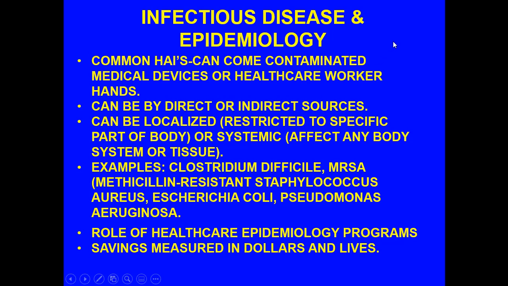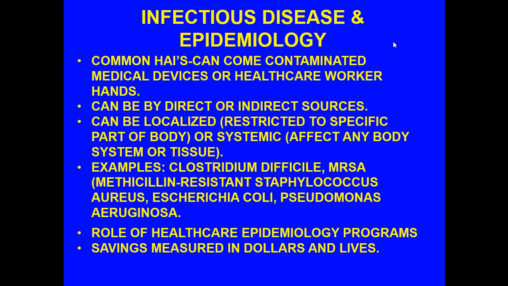Now, common HAIs, this is an extension on this, but I want you to keep this in mind. These can come from contaminated medical devices, healthcare worker hands. They can be direct or indirect sources. They can be localized, restricted to specific body part, or systemic, affect any body system or tissue.